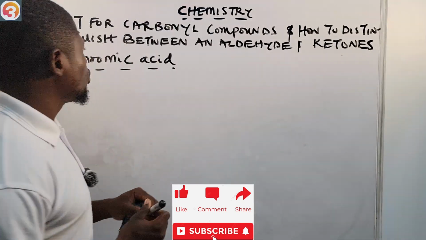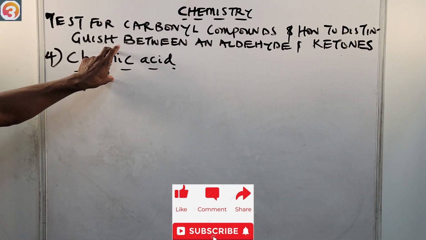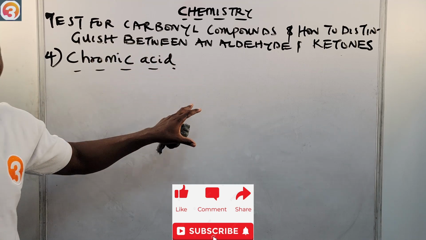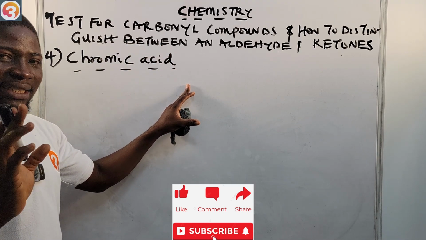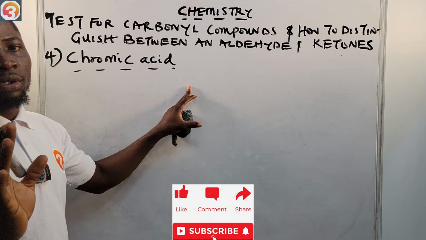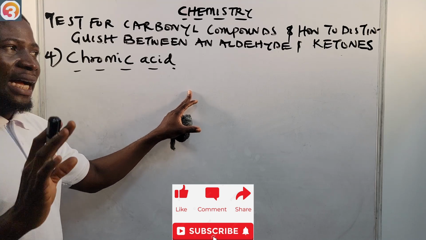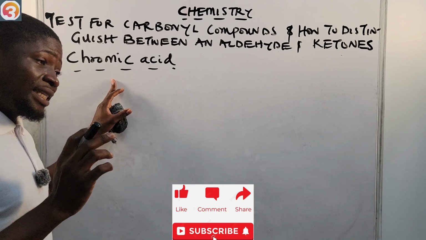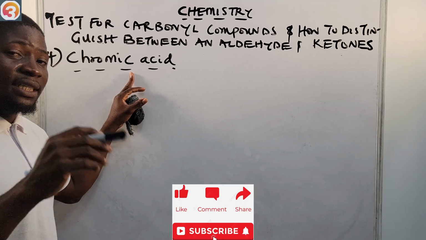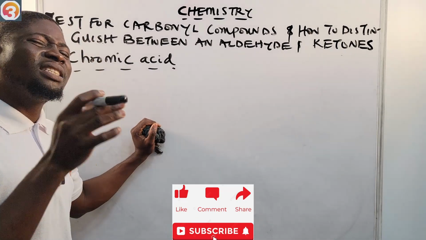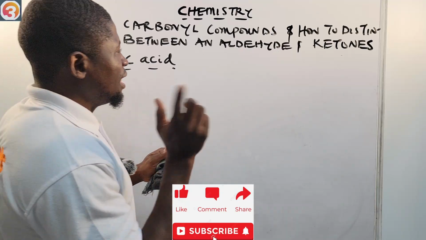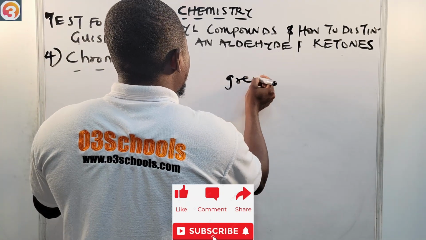So using chromic acid, aldehydes react with chromic acid, but ketones do not. Take note of that. It's the fourth test. And what do we observe? The positive result that we observe here is a green to blue precipitate.